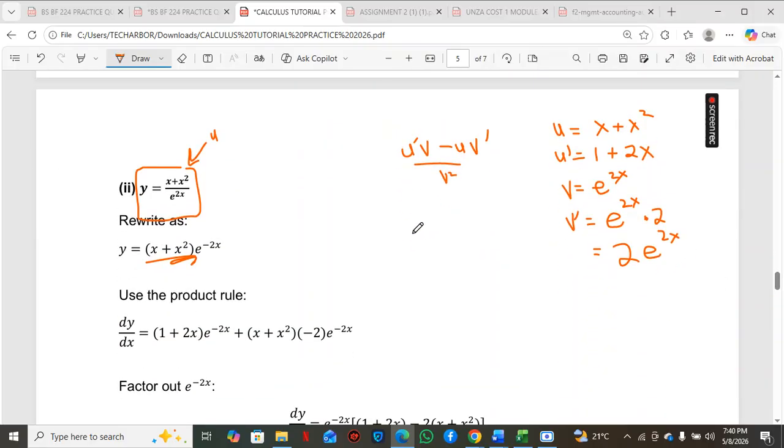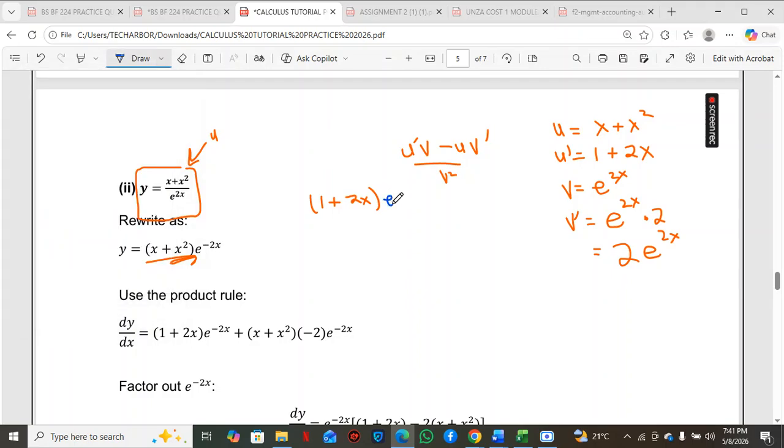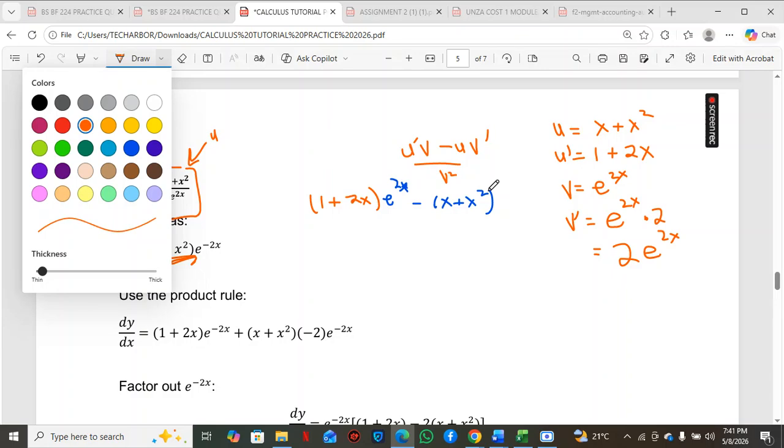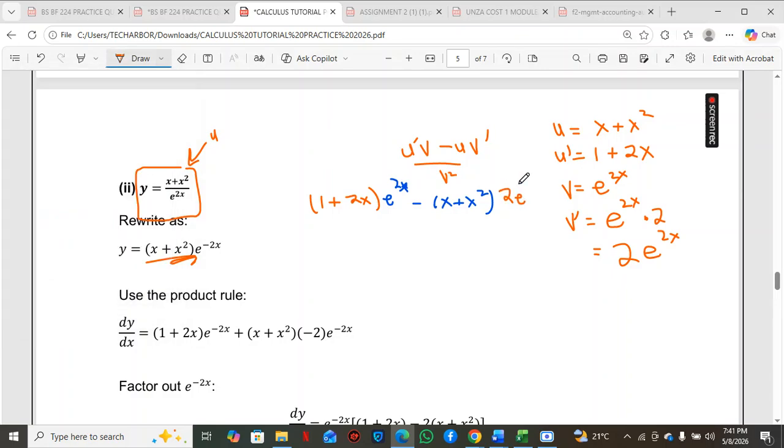And then we now simplify. U prime, that is 1 plus 2x, times v, e to the power 2x, minus u, which is x plus x squared, times v prime, 2e to the power 2x, over v squared.